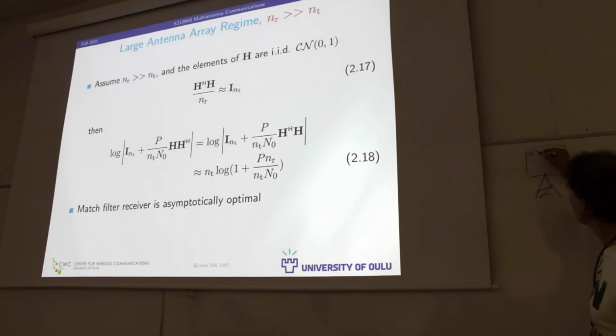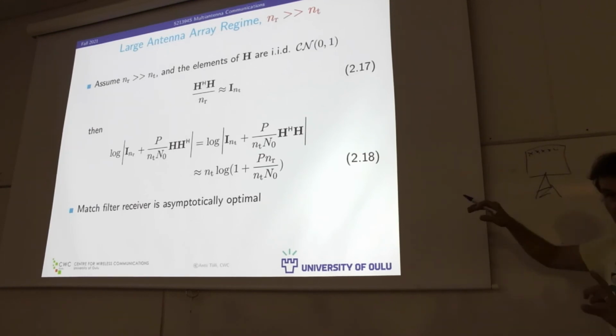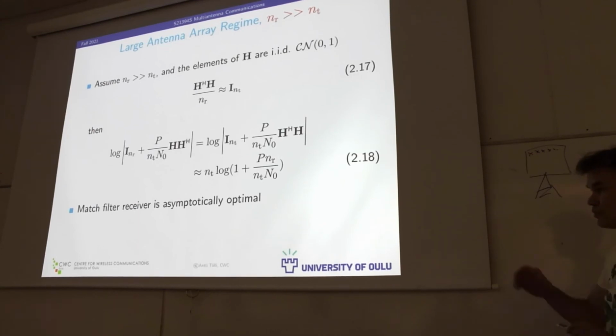You recall from the examples we discussed yesterday that with 200 cross-polarized elements at 2 gigahertz, you need a 1.5 meter by 75 centimeter planar array.